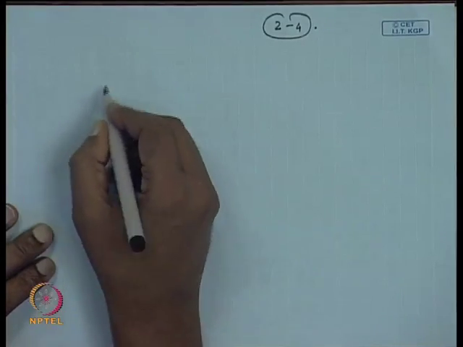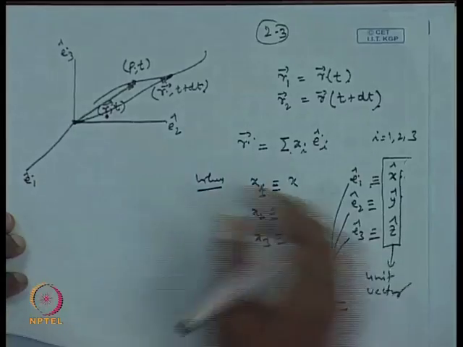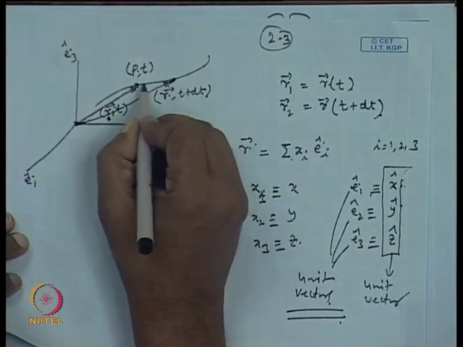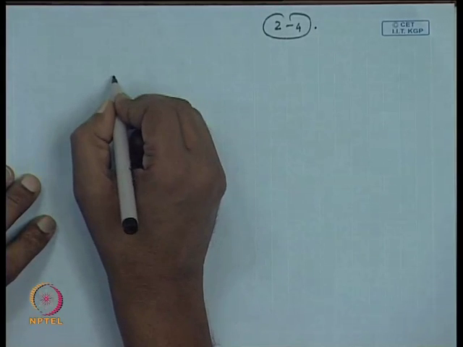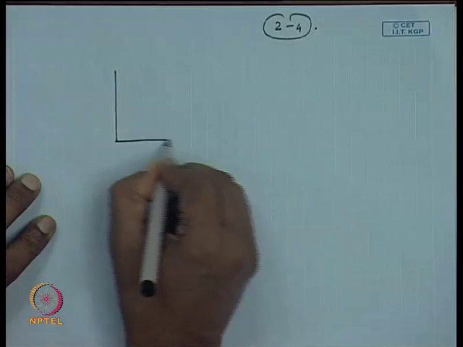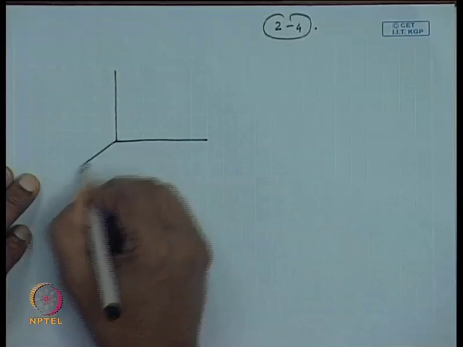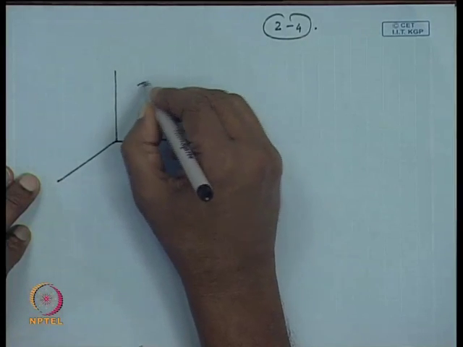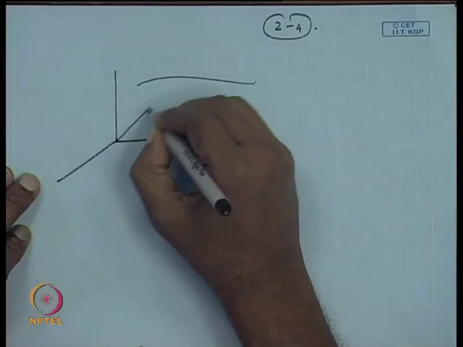Now, the particle is moving along the trajectory from this point to this point. Let us make another figure. The second axis we can show here, and say the trajectory looks like this.